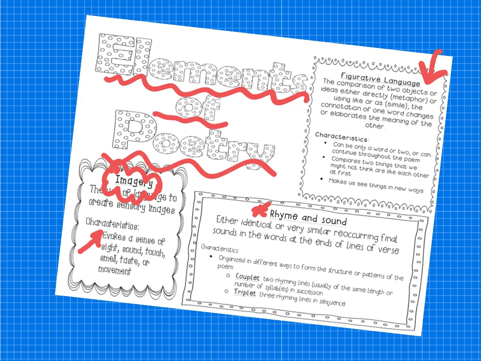Now, here's something that's interesting for you to take a look at. Some poems do have patterns, and we know that they rhyme. We have the idea of a couplet where 2 rhyming lines are together, or even a triplet where there might be 3 rhyming lines in a sequence. So one of the first things I want to ask you to do is take a look at the 2 poems that I gave you.